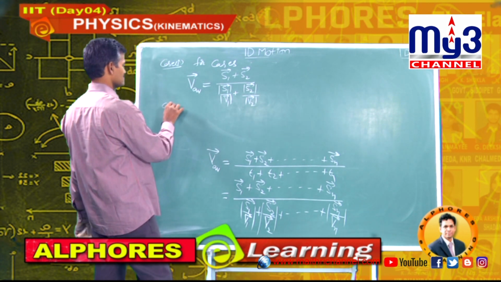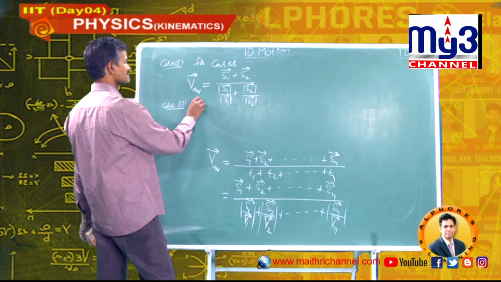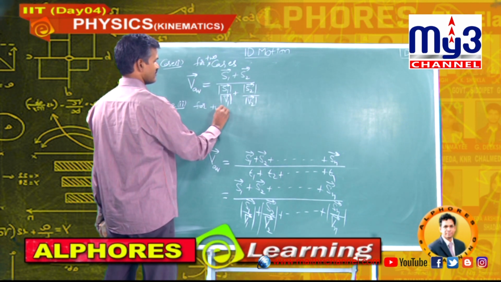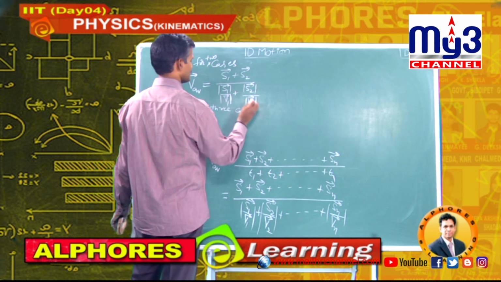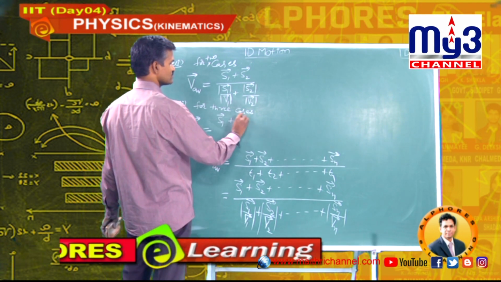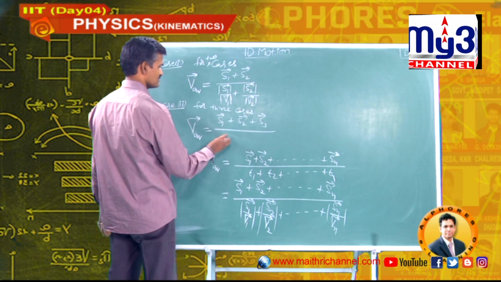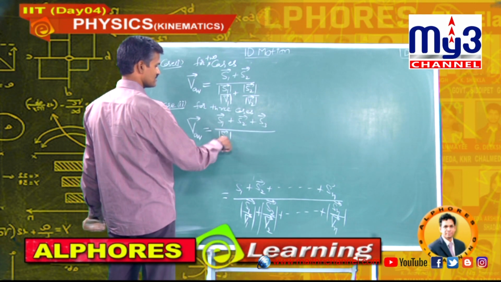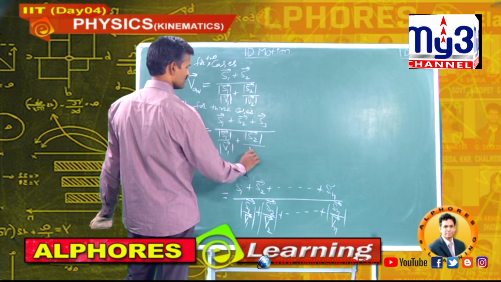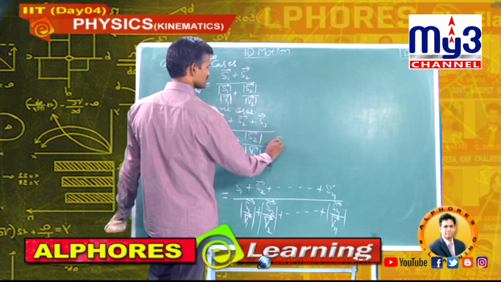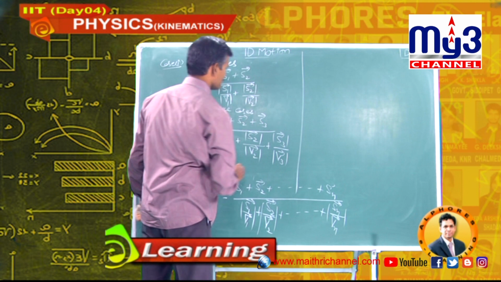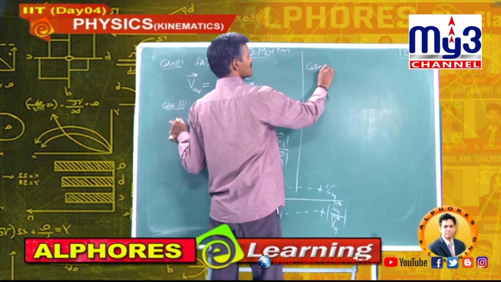For three cases, this average velocity formula changes to (S1 bar plus S2 bar plus S3 bar) by (mod S1 bar by mod V1 bar plus mod S2 bar by mod V2 bar plus mod S3 bar by mod V3 bar), right.